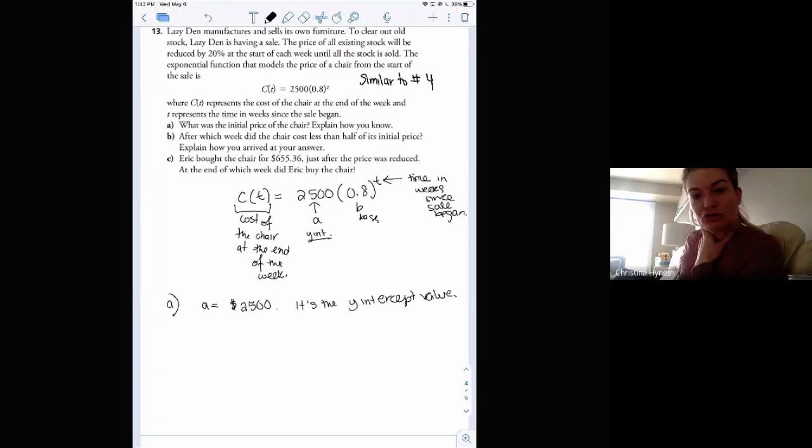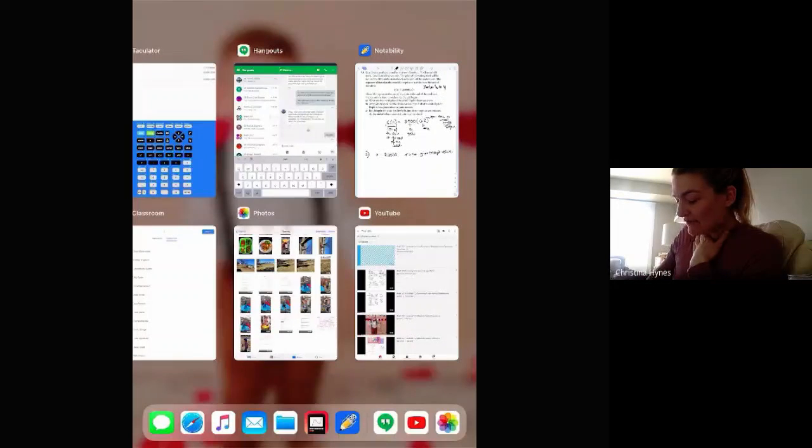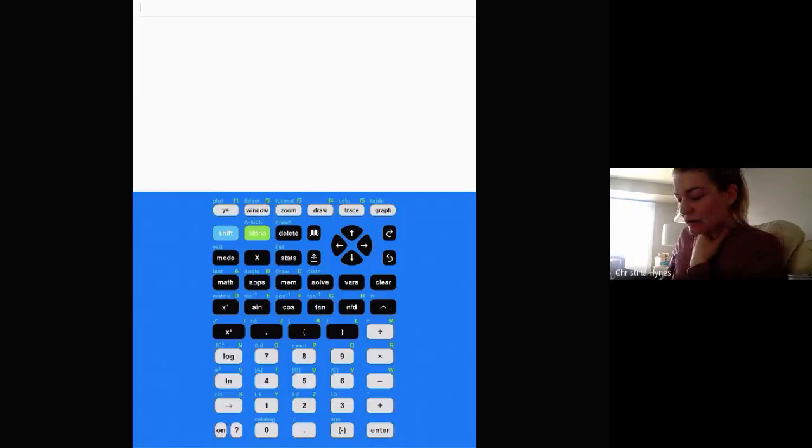So another thing you could do if you weren't sure, if you wanted another method to find that, now you don't have to do it this way, you could always graph the equation, which we're going to need anyway. We're going to graph the equation into our calculator. You're going to put y1 is 2,500, and then your 0.8, which is your b value, to the power of x. Change your window to make sense. So your x represents the number of weeks that you are selling this item.